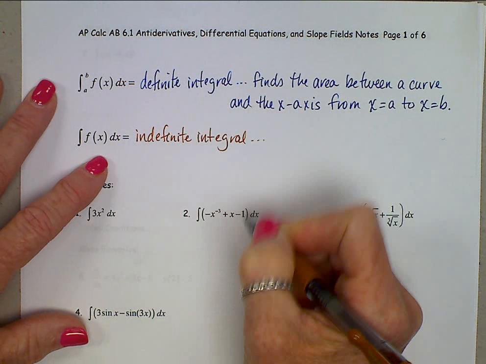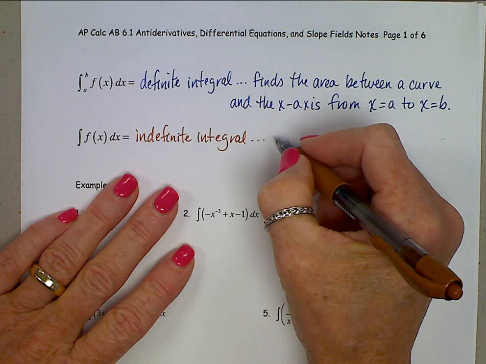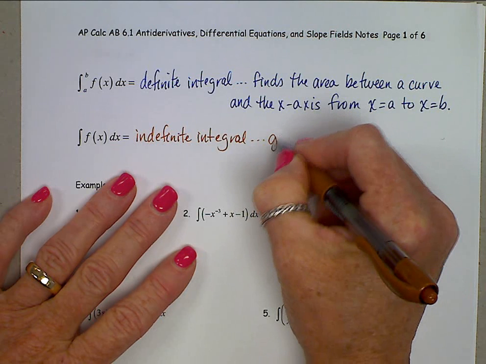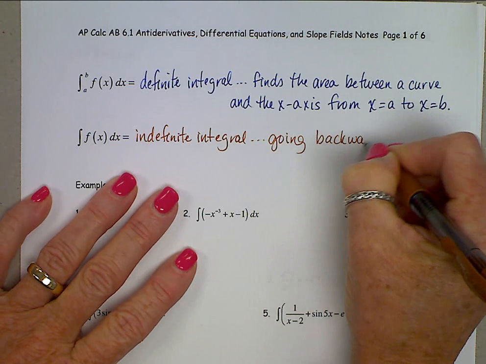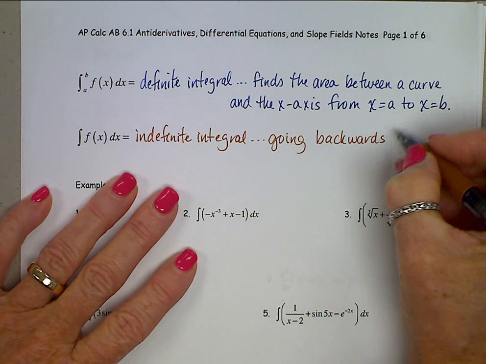And an indefinite integral is merely going backwards from a derivative to a function.